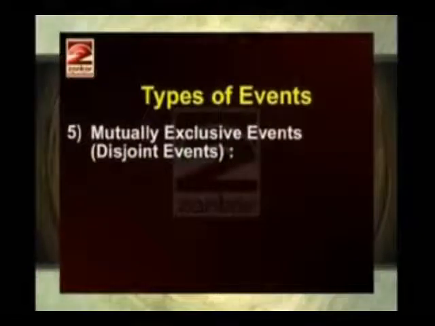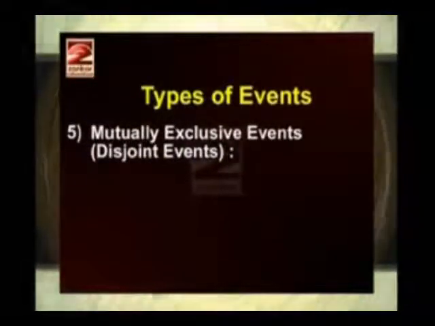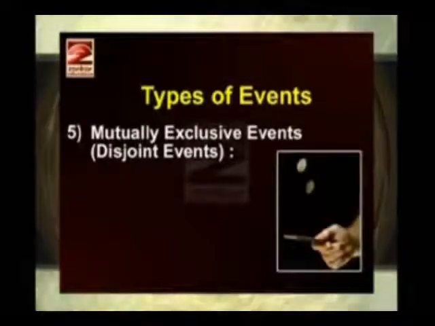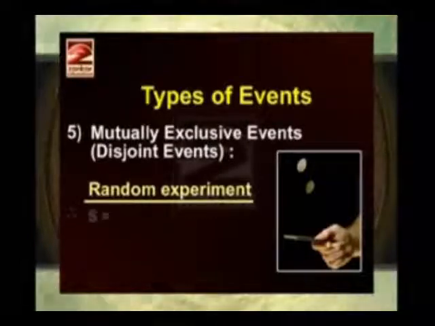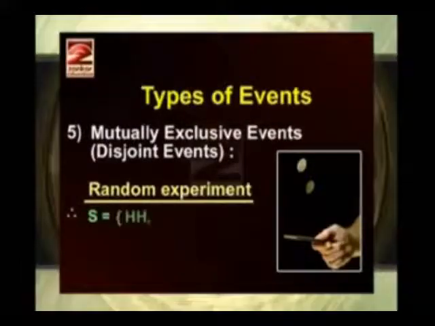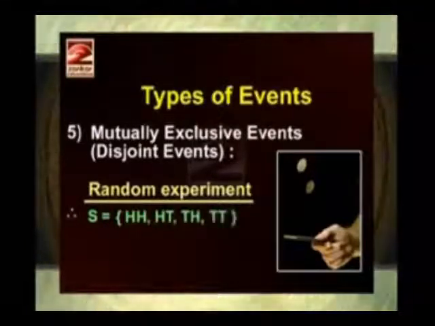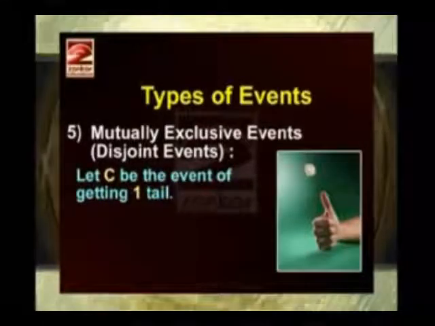Here A' is the complement of A. Next is mutually exclusive events, that is disjoint events. When two coins are tossed, it is a random experiment. Therefore S = {HH, HT, TH, TT}. Let C be the event of getting one tail.